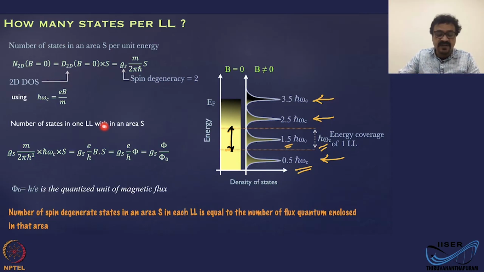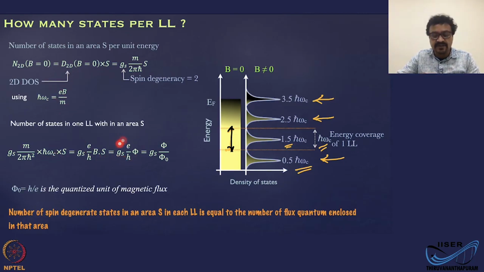Now, the number of states in one Landau level in an area S. So this is your spin degeneracy, density of states, area S, the same thing here, times the available energy window of one Landau level, that is h bar omega c. That is what we discussed here. So when you work it out, you can replace the omega c with eB by m, then you will get a magnetic field term here.